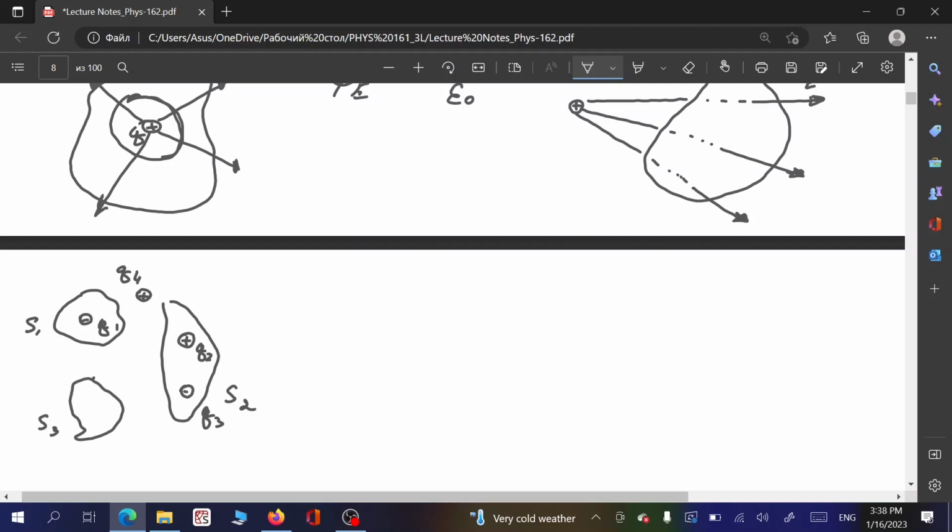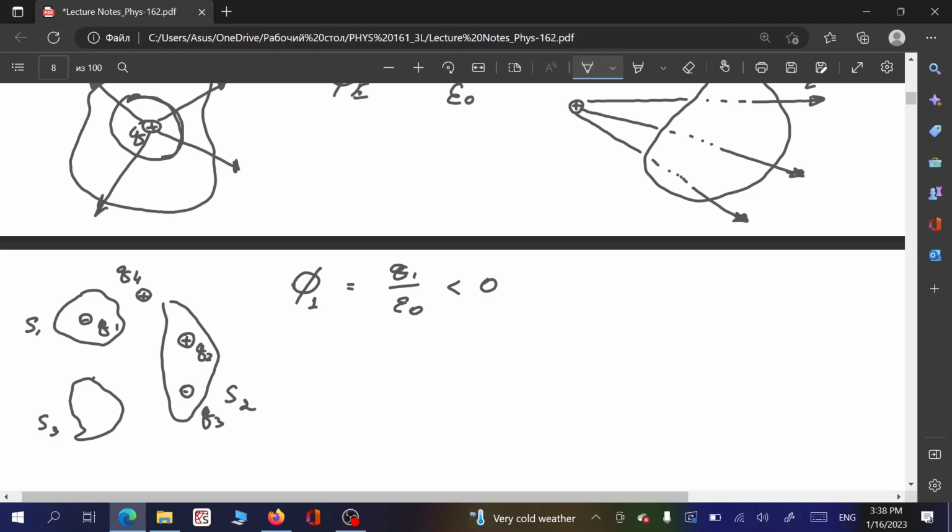So we write here that this flux through closed surface 1 will be equal to Q1 over epsilon naught. We need to keep in mind that here it will be smaller than 0 because the charge is negative.